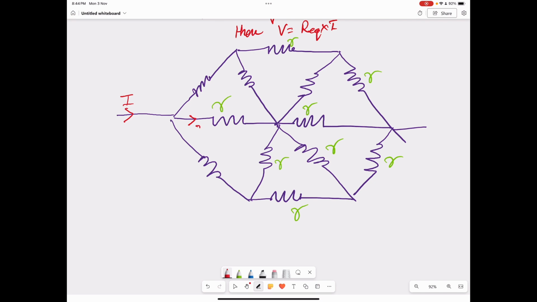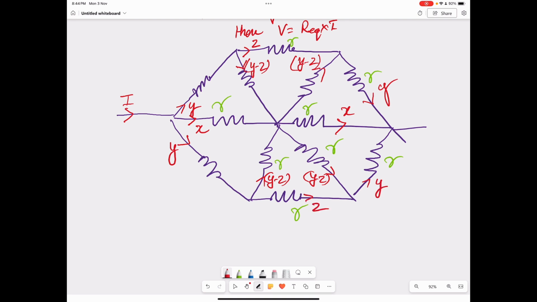So here it is divided into X. This is Y. This is Y. This is Z. This one is Y minus Z. Here it will flow again Y minus Z. Here it is again Y. Here it is again X. Here it is Y minus Z. This is again Y minus Z. This is Z. This is Y. See, I am writing plus minus plus minus plus minus plus minus. In the direction of the current is plus, other direction is minus.